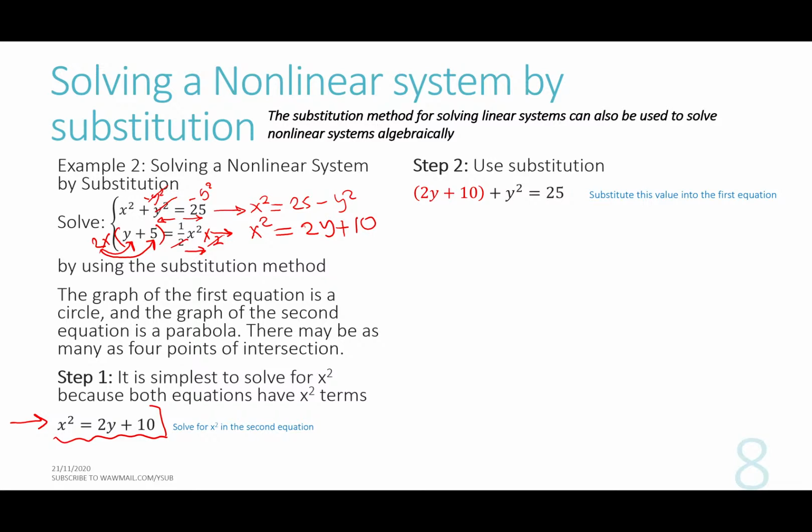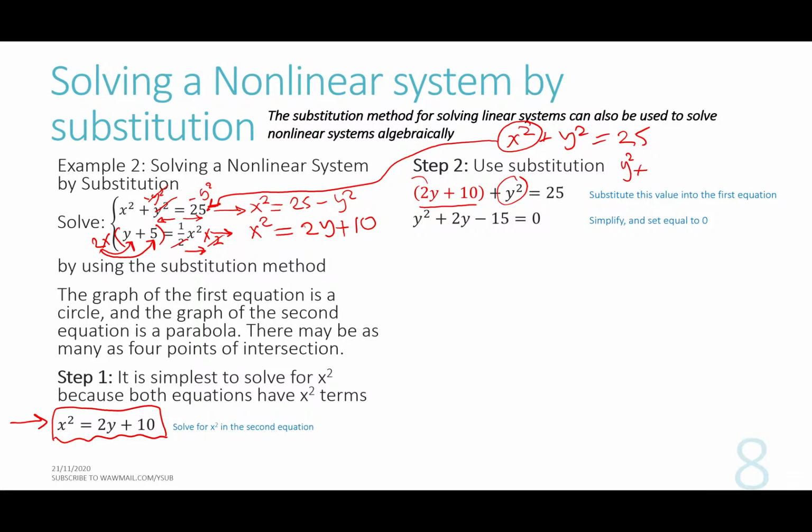Now y squared plus 2y minus 15. Now if you want to know how this happened, y squared is here, so we write it down. Now plus 2y, which is this one, 2y. Now plus, there is 10 here and there is 25 on the other side. We want to make it 0, so we will make minus 25 from both sides. We take out this and we get the result of 0.